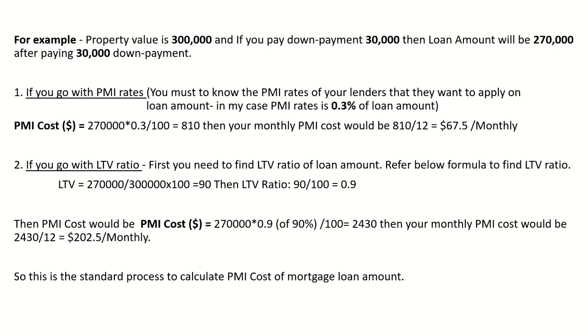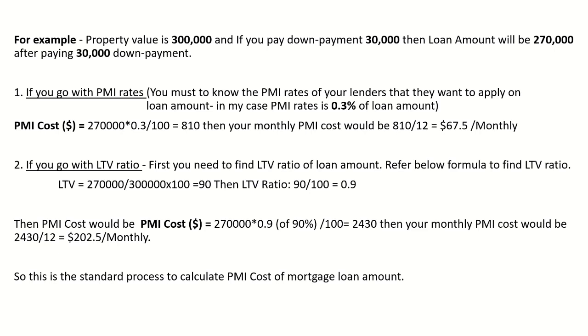So you can see here the PMI cost and PMI rates depend on the lenders. If you don't know how much PMI rate the lender wants to apply on the mortgage loan amount, just ask the lender to provide the PMI rates.